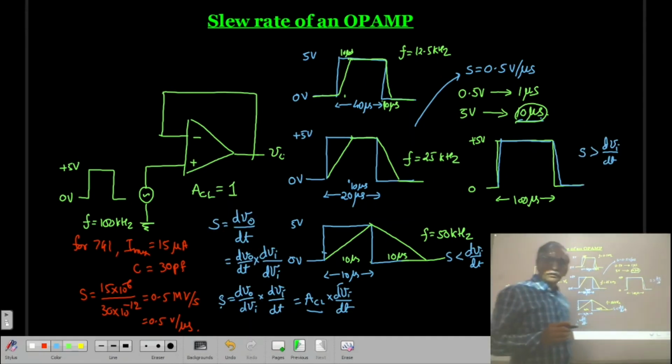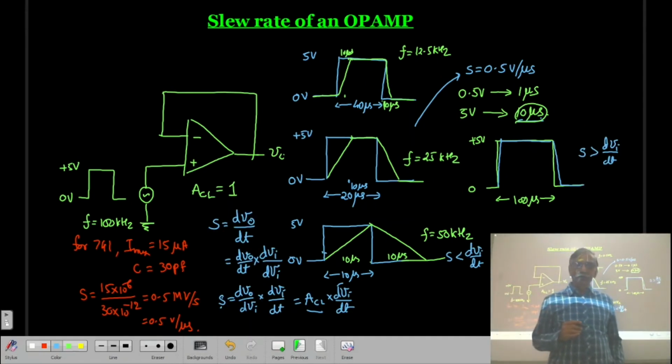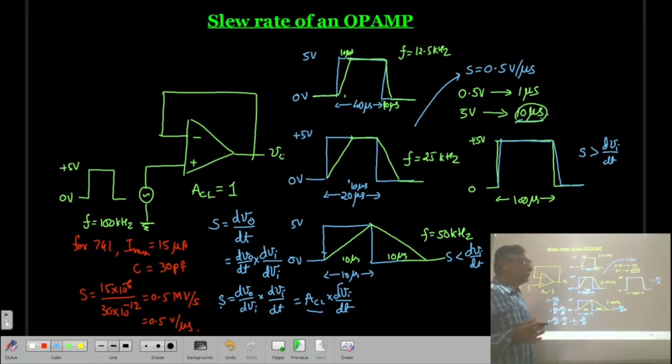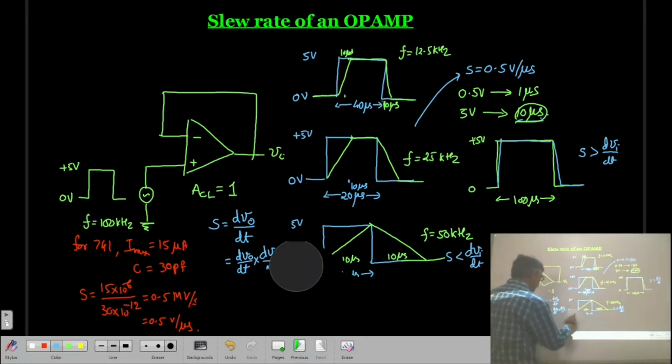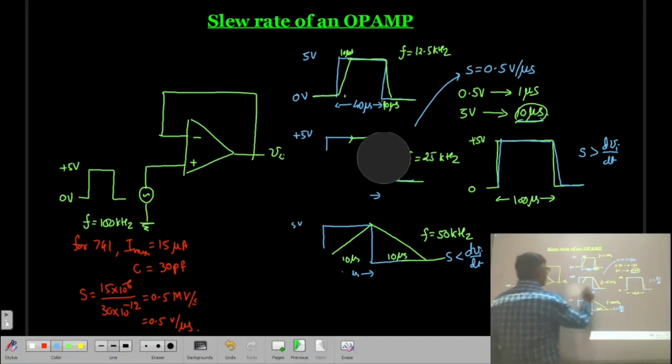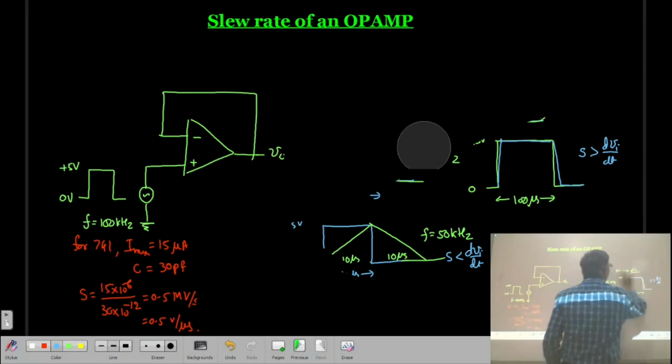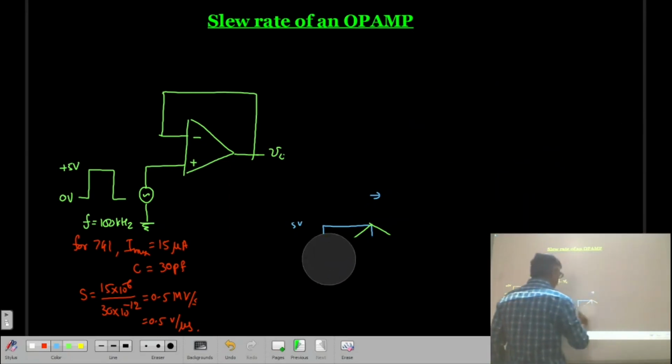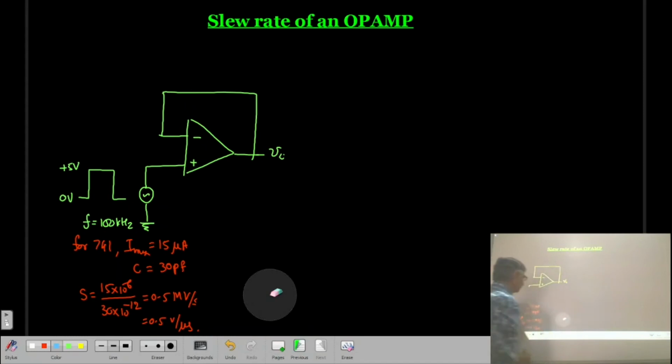Now let us see what is the effect of slew rate on a sine wave. Instead of a square wave, if we apply a sine wave. My input signal here is a kind of sine wave.